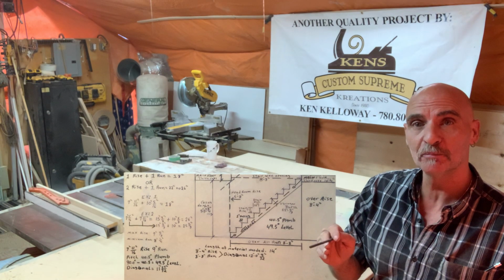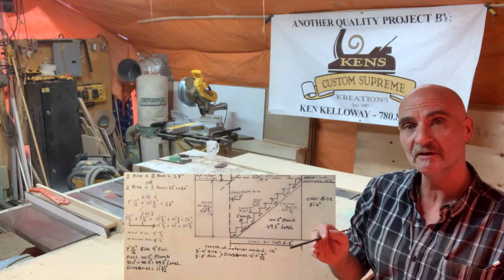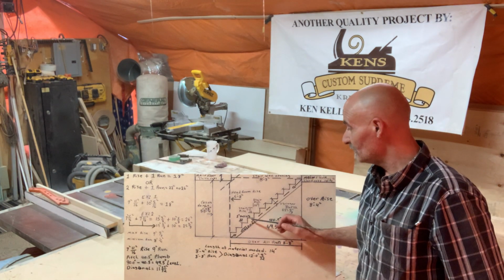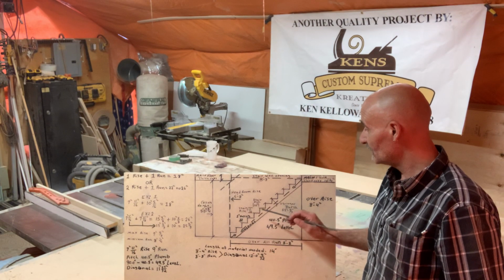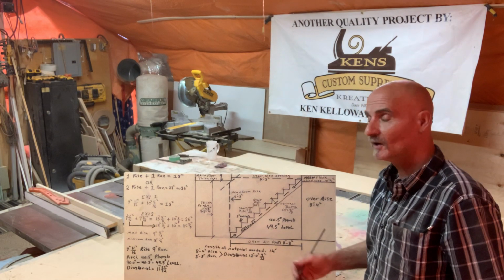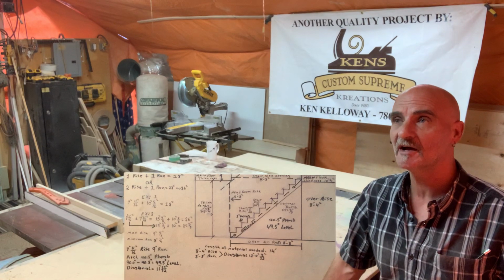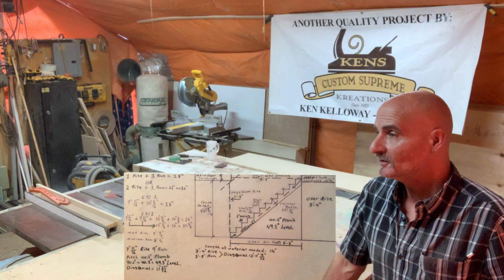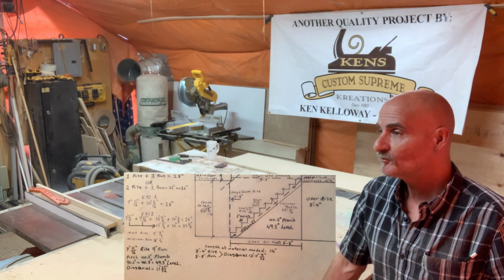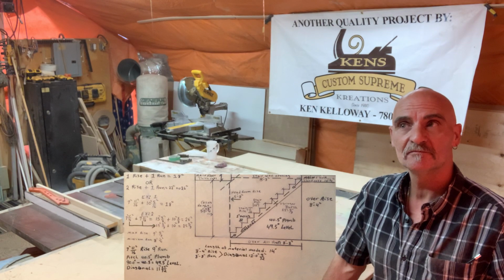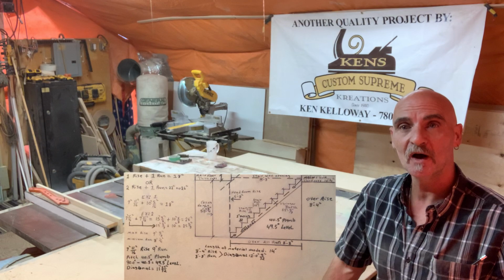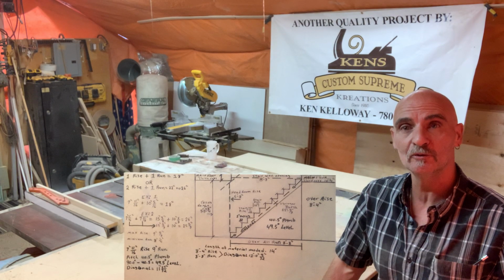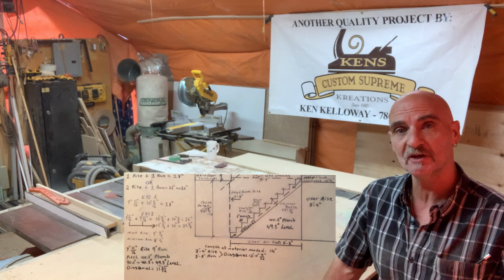That's my starting point to see what I'm going to need. It gave me 12 and 6.6 something, I think it was. So obviously I wanted to round up to the next one, which would be 13.